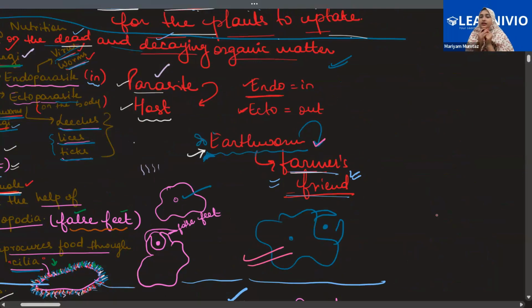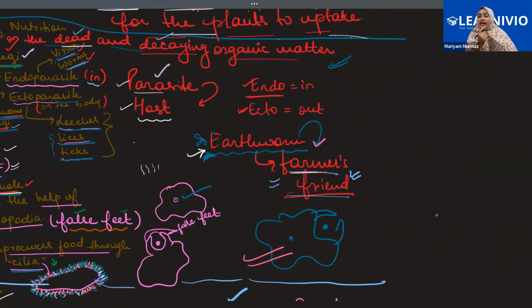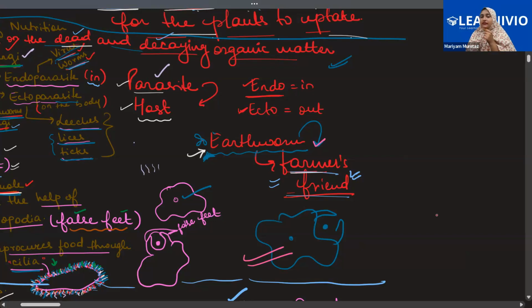Why so? Because since earthworm is a very good decomposer, when it digests the dead and decaying organic matter, it releases a lot of minerals and elements and nutrients into the soil. So it makes the nutrients and minerals available to the plants, and that is the reason why we call earthworm the farmer's friend.